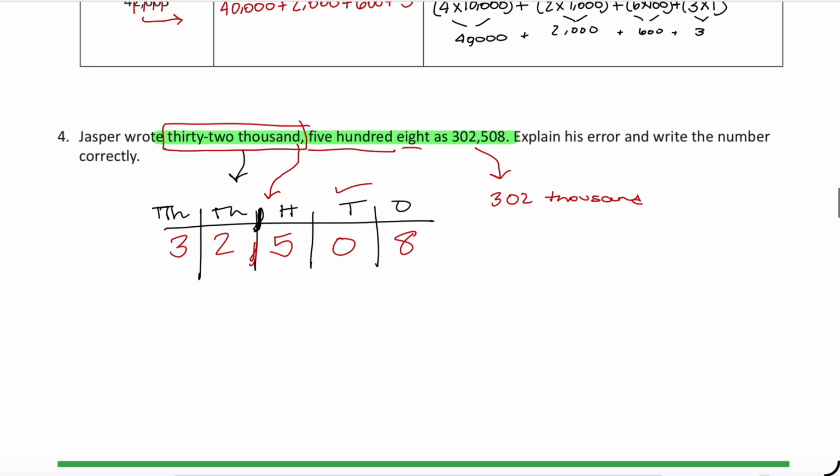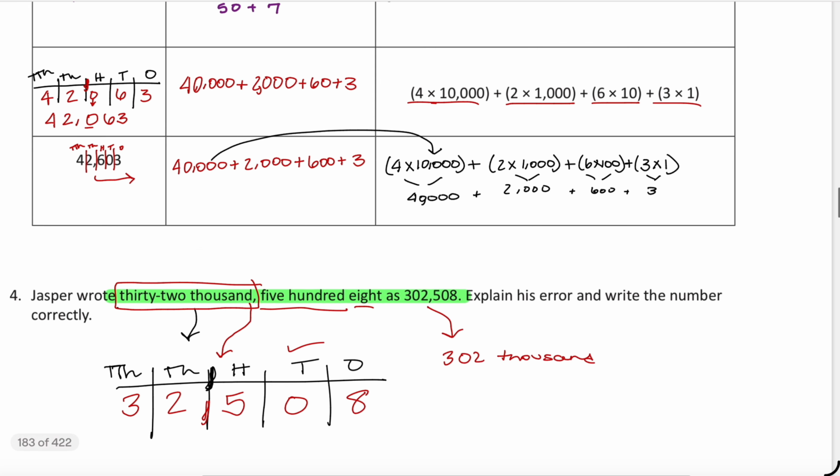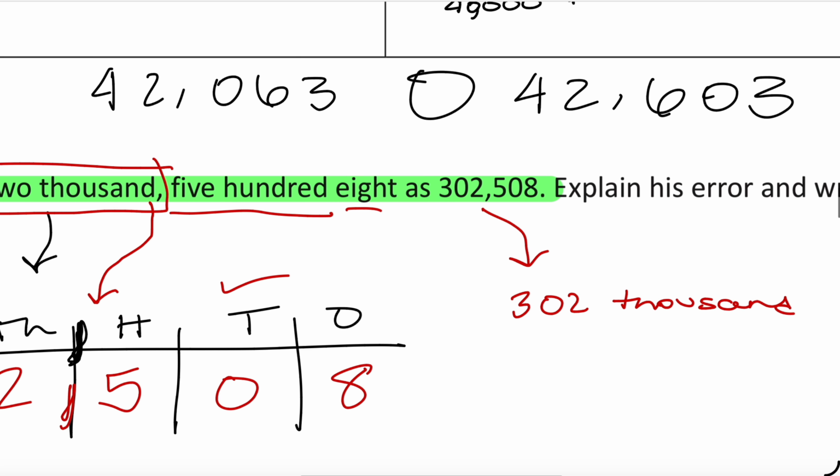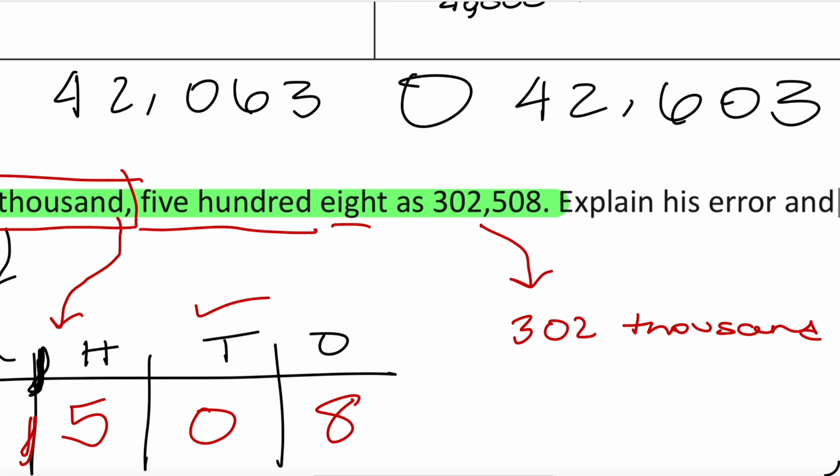And I want to take a quick step back, and I want to go to this question, and I want to ask you, which number is greater here on these two questions at the top? Is it this number? Or is it this number? Which number seems to be the greater number? They look the same, but in reality, they're not. Okay? We do see a 4, we do see a 2, we have 40,000, and then we have 2,000 on both.